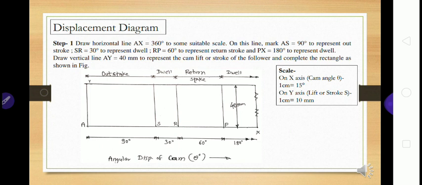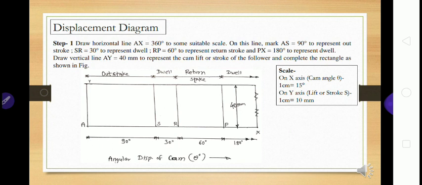The remaining dwell is not our concern here because that dwell will be as it is. I have represented that dwell by a hatched line, that means the remaining portion will be there till the end as it is. So I will just focus here on outstroke, dwell and return stroke.